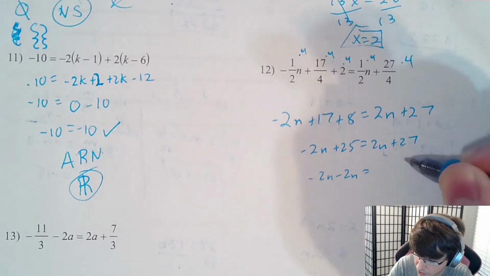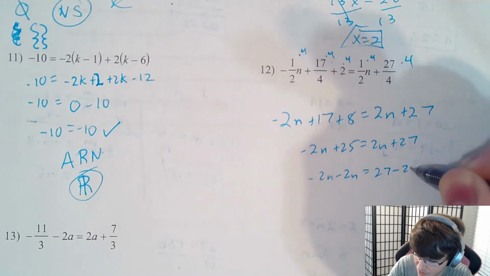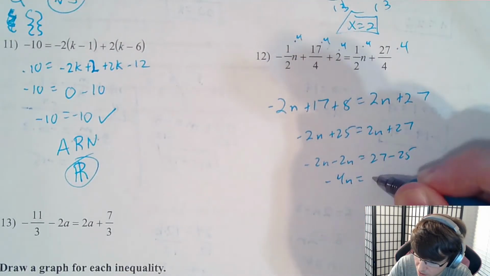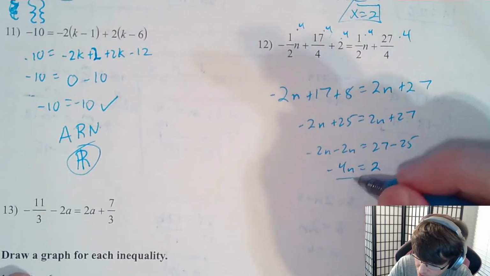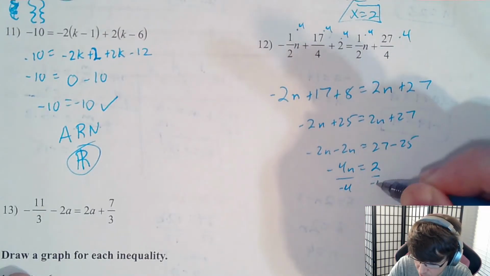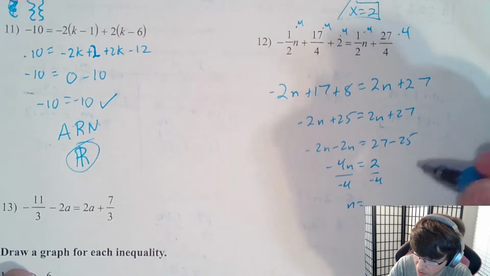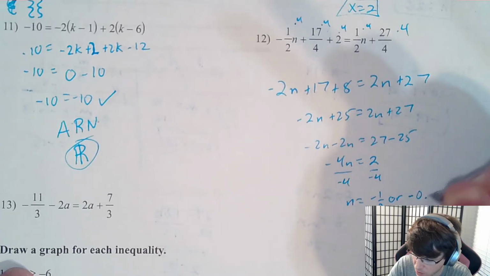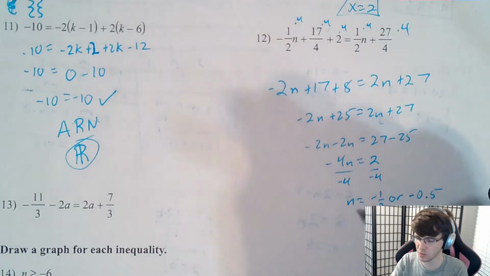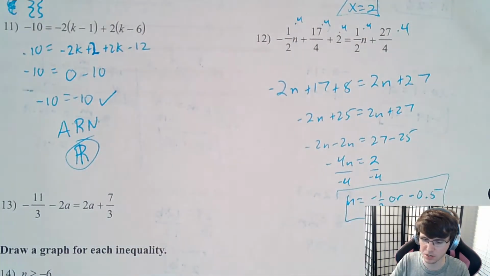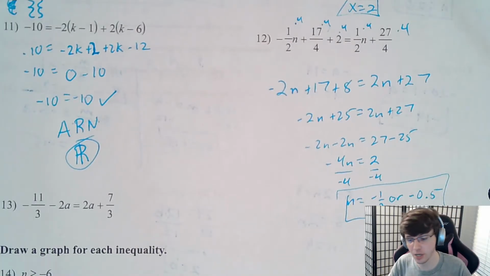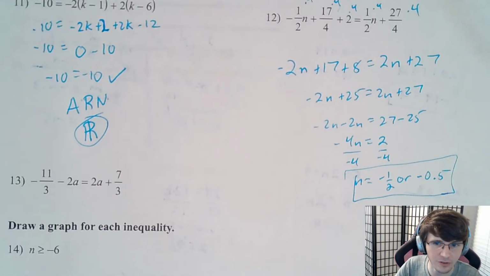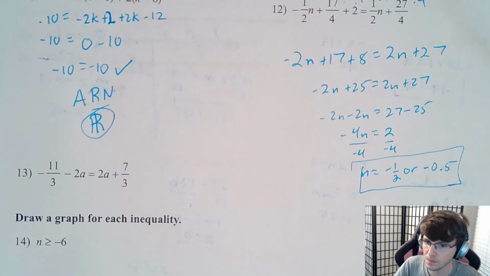So that's a negative 2n now, and that is a negative 25 now. Get negative 4n equals 2. Divide both sides by negative 4, and we'll get n is equal to negative a half, or negative 0.5 if you're a fan of the decimals. I do not care which you answer in. You have full credit either way. I recommend actually knowing how to do both, because when you come up to those SATs, ACTs, they're allowed to answer in either way. So yeah.